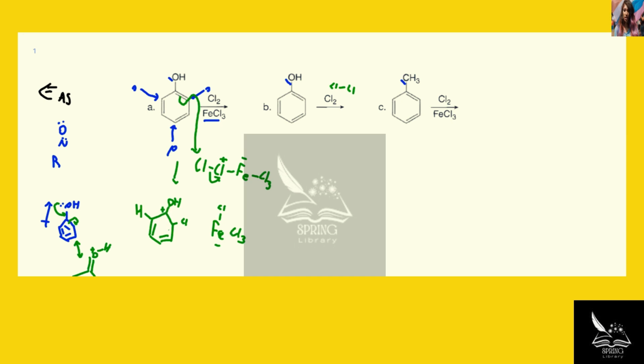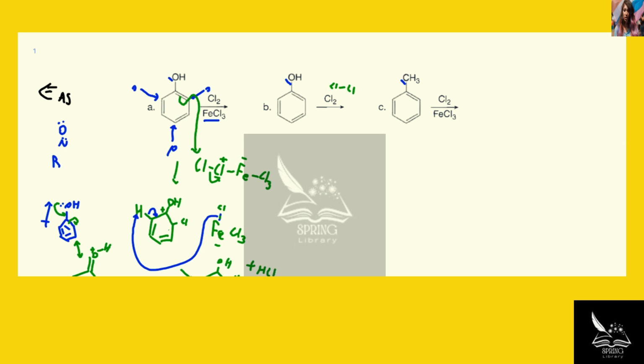One thing you can do is use these two electrons that are making this iron negative to pick up this hydrogen, making a bond. You make a bond, you break a bond, and now all of a sudden you've reformed aromaticity. You formed HCl, and you reformed your acid catalyst.